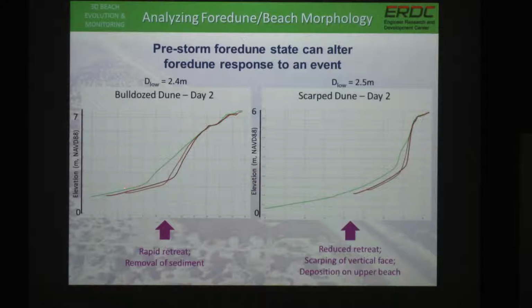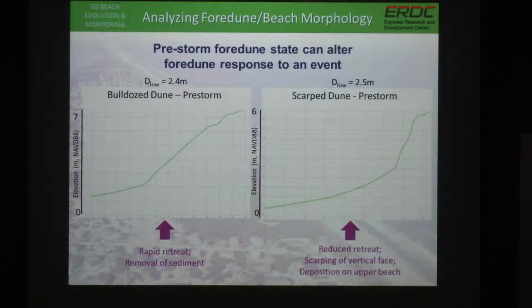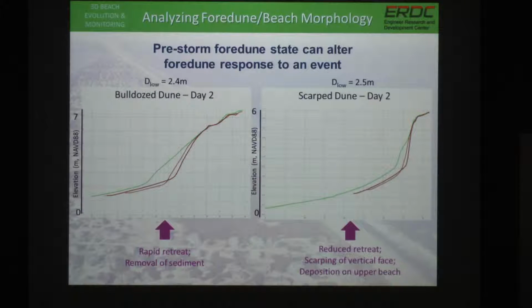And so if you look at the really rapid removal of this unconsolidated sediment, and this dune did erode some as well, it's not like it experienced no erosion, but the magnitude of erosion and the volume of the amount of sediment that was lost from this bulldoze dune was a lot higher than what was lost from this sort of more naturally stayed compact scarped dune.